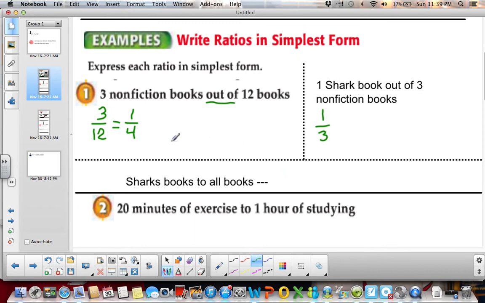And we're still going to write it as a fraction because we want to write it in simplest form. So there's how many shark books? 1 shark book. And all books is 12 books. 1/12, which is in simplest form, so that tells us out of all 12 books, there's 1 shark book.